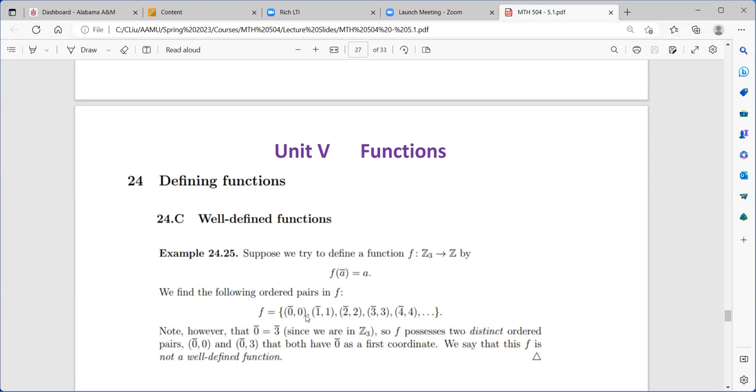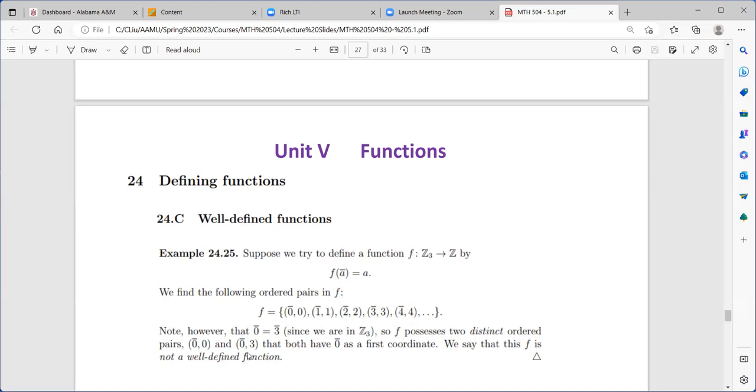So for the same input in the domain, you get different results in the codomain, namely 0 and 3 in this case. So f possesses two distinct ordered pairs, 0 bar, 0 and 0 bar, 3, that both have 0 bar as first coordinate. So it is not a well-defined function. It's not a function actually.